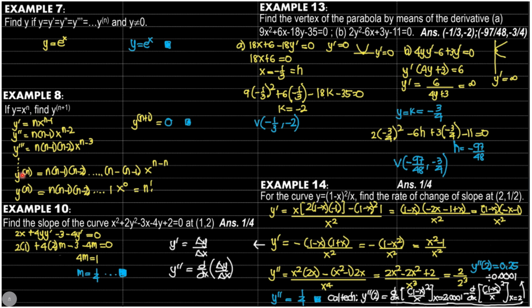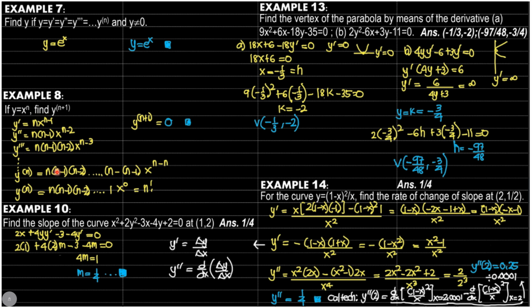So for the nth derivative, it should be the product of n, n minus 1, n minus 2, then we have n minus quantity n minus 1, just like here. 3 minus 1, which is 2. So that's why you have n minus 2. Then the power of x, for example, third derivative, is n minus 3. So here, nth derivative, so the power is x to the n minus n.